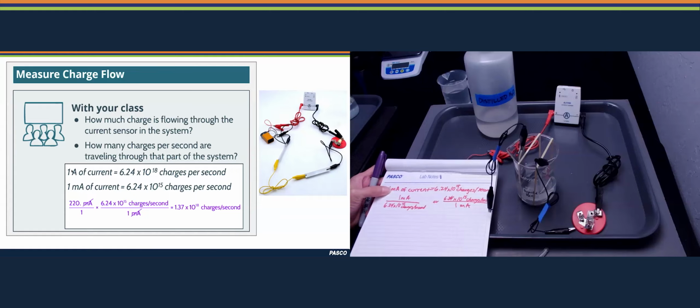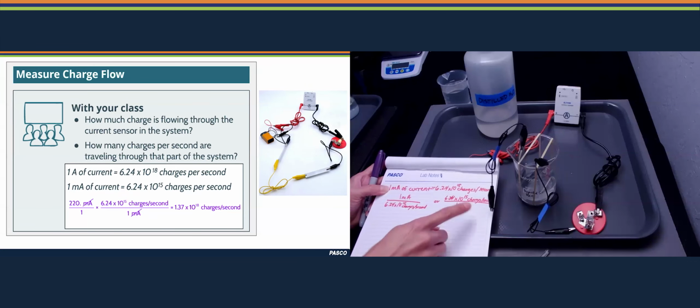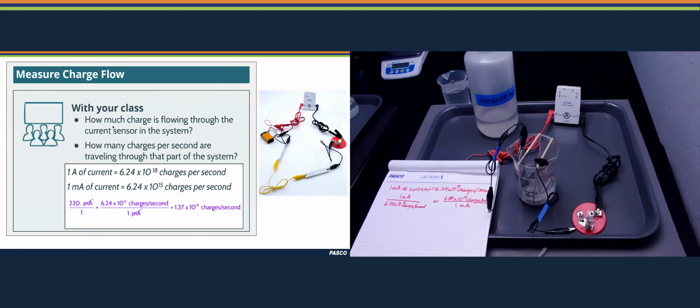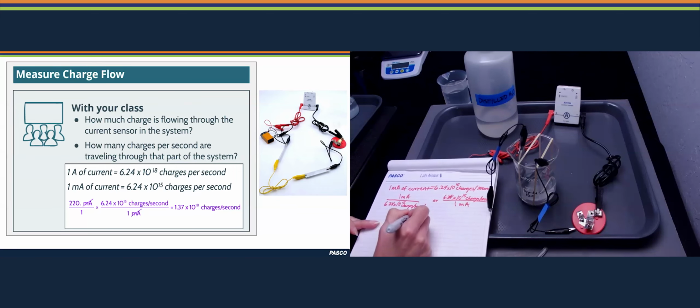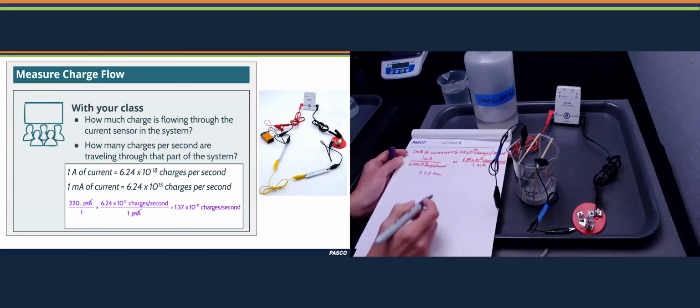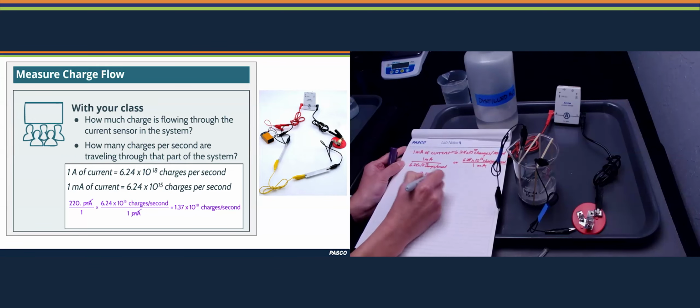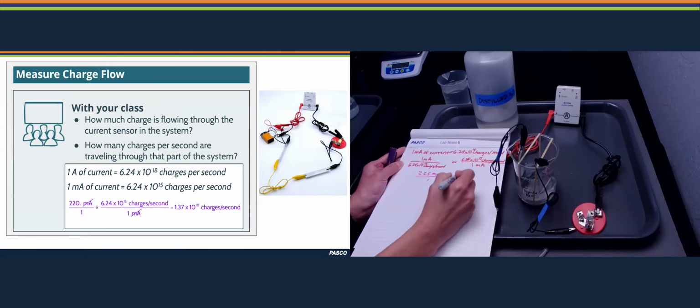So the conversion to current, which is what's just coming out of the sensor, is this value. They could either write it as a fraction, 1 milliamp per charges per second or charges per second per milliamp. So we had 200, let's just say it was 225 milliamps, and you would go through the calculation with students and convert. It's capital A.